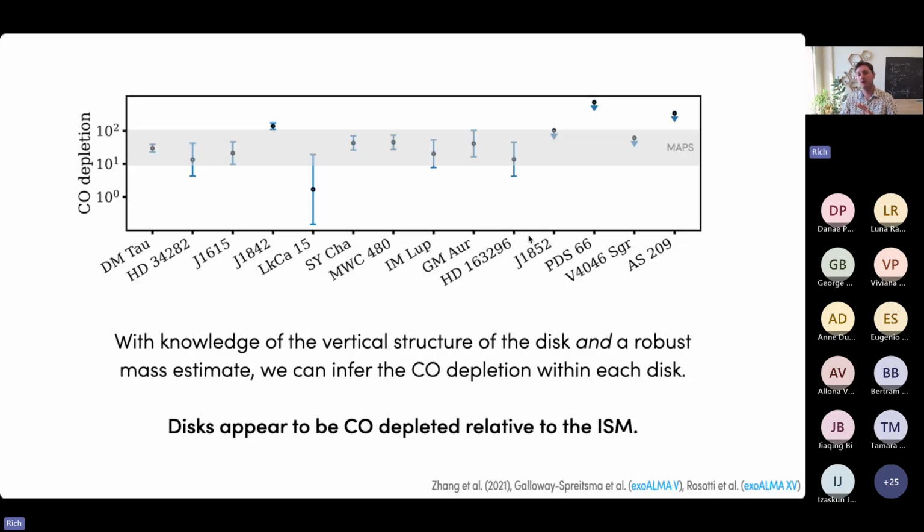And this figure is showing you all the different CO depletion factors that Giovanni inferred for our sources. This is relative to the standard 10^-4 that's assumed for the ISM. And you can see that we're seeing depletion factors of between 10 and 100, which is very similar to the range that was inferred for MAPS. So I think we're seeing very similar factors there.